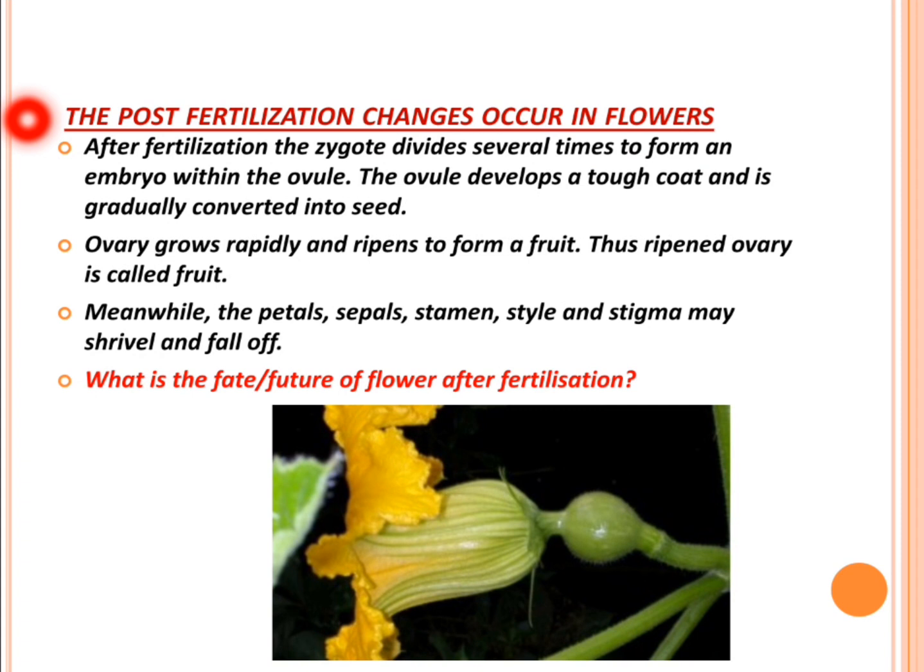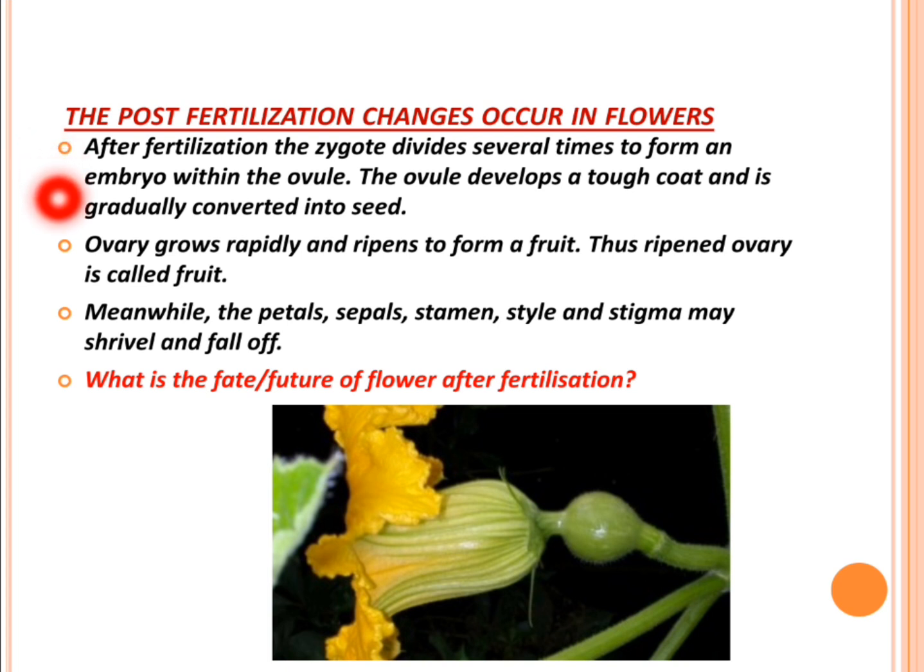Now let's see what happens in the flower after fertilization. What post-fertilization changes occur in the flower? What is the fate of the flower after fertilization? After fertilization, the zygote, formed by the fusion of the first male gamete and the female gamete, divides several times to form an embryo within the ovule.